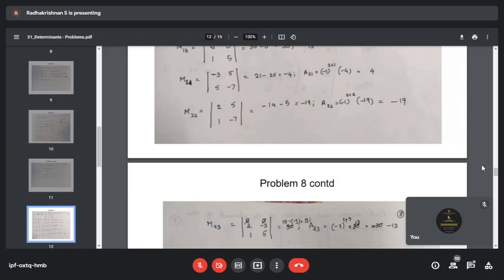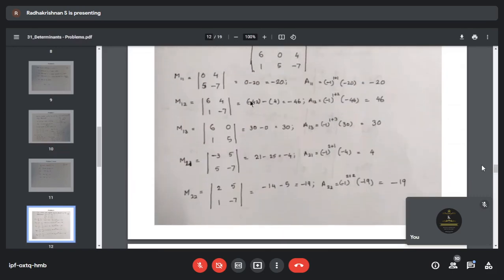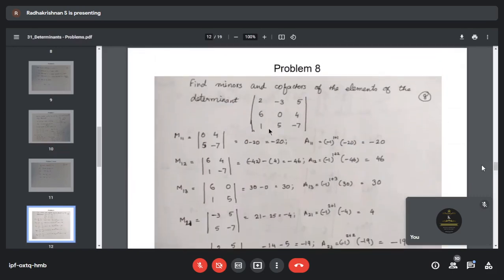Okay, now do 3 1. Please do 3 1. -12 sir. 3 1 is, yeah, because there's -3 5 and 0 4. அதனால -3 into 4 தான்.